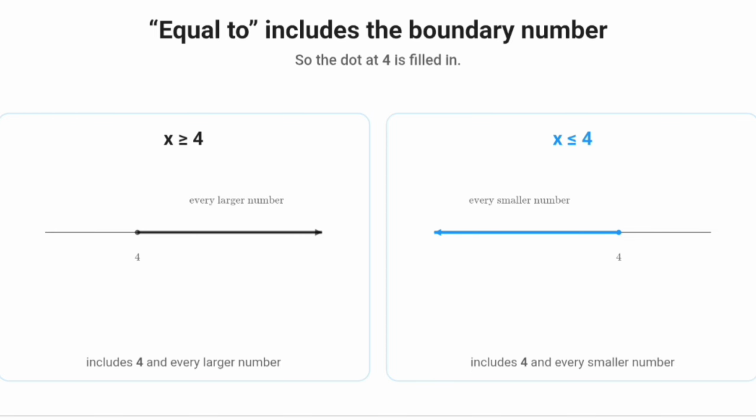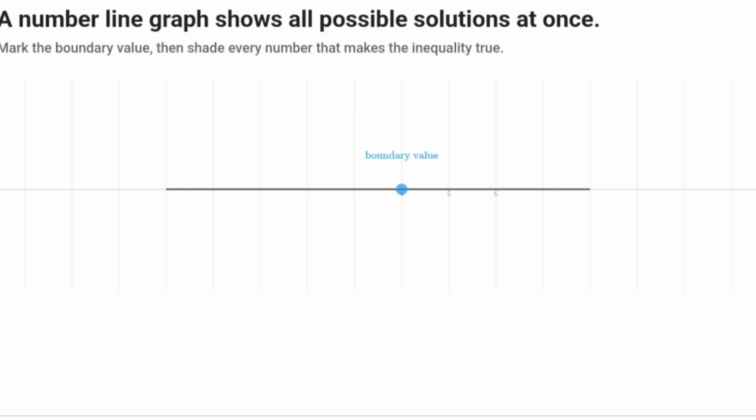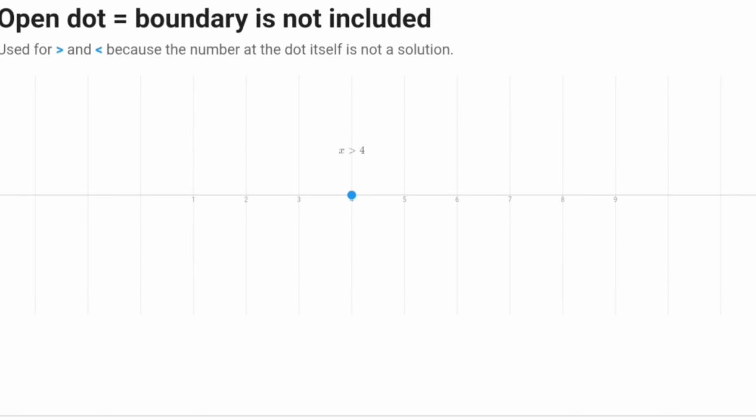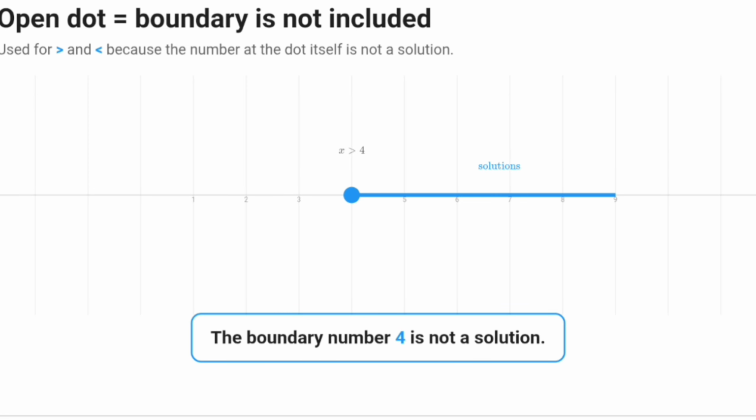A number line graph shows all possible solutions at once by marking the boundary value and shading every number that makes the inequality true. An open dot means the boundary number is not included, so it is used for greater than and less than because the number at the dot itself is not a solution.